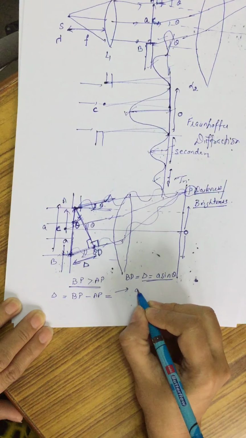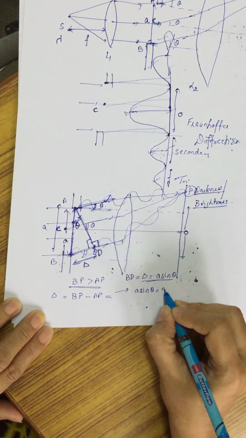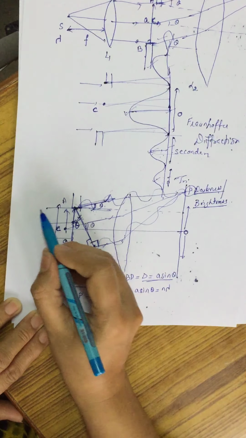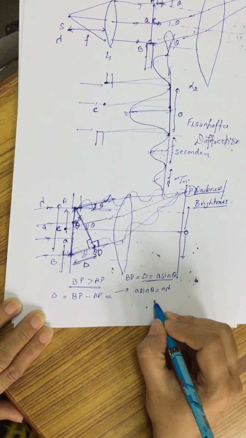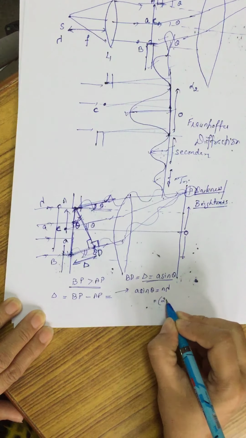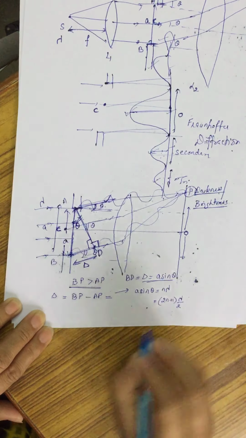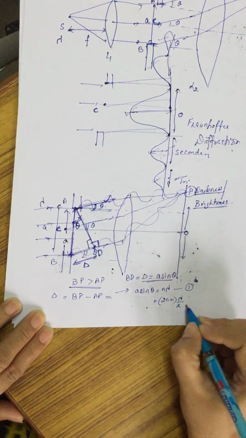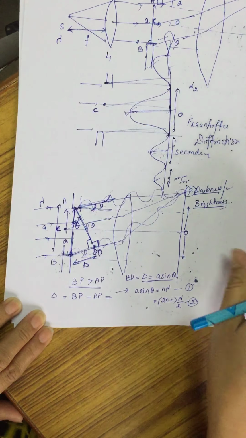We will find out a sin theta may be an integral multiple of the wavelength of the monochromatic source of light which is used, or maybe it is an odd integral multiple of lambda by 2. These are the two conditions which will define the darkness and brightness condition.